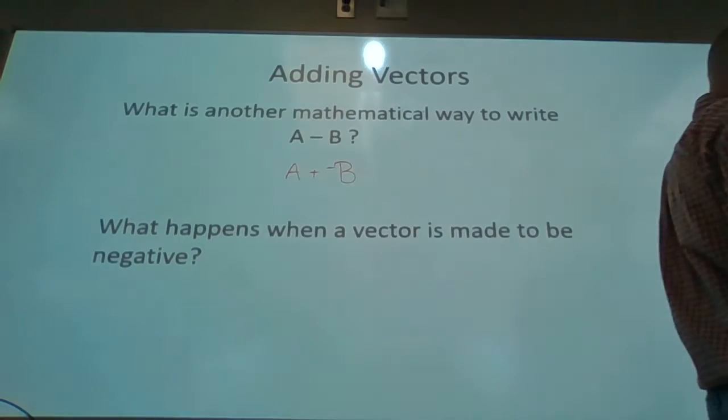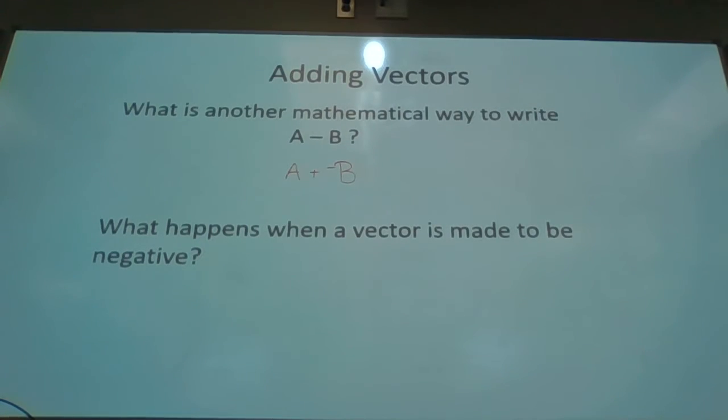Now, with vectors, what does a positive and negative communicate? Direction. So if I make a vector negative, what do you think that does to that vector? It goes in the opposite direction.